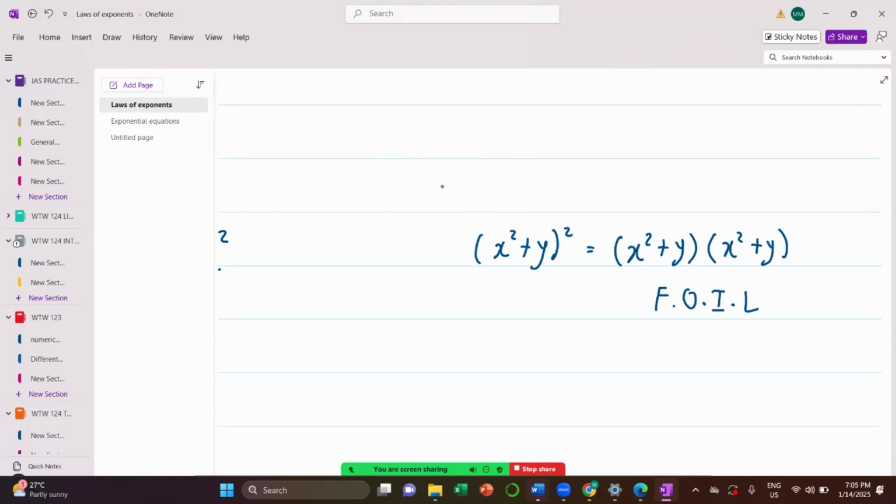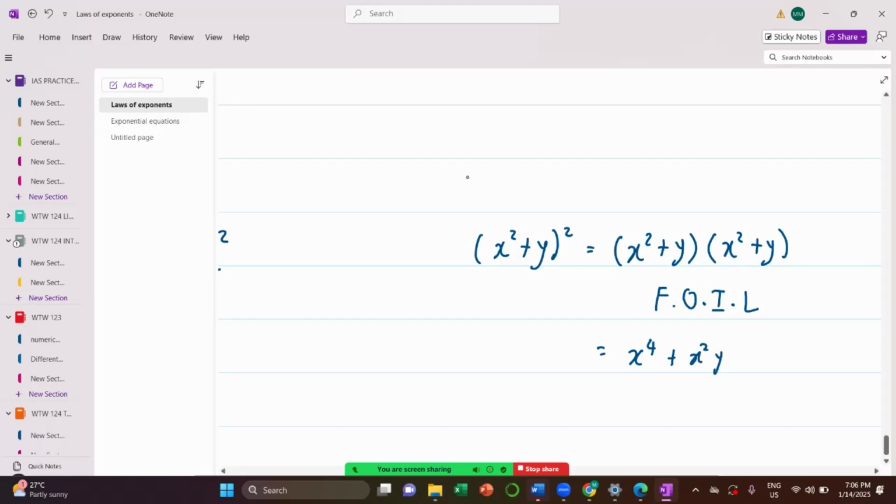So we multiply the first terms, x squared and x squared. This is going to give us x to the exponent of 4, because these are the same bases and we add the exponents. And then I multiply the outer terms, which is x squared times y, plus x squared y.